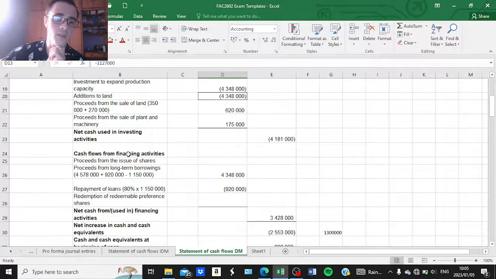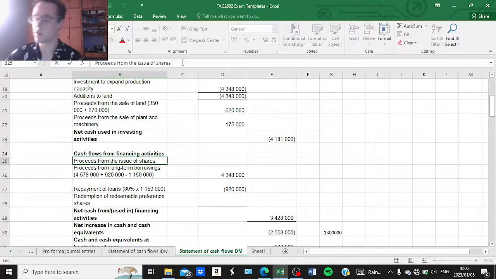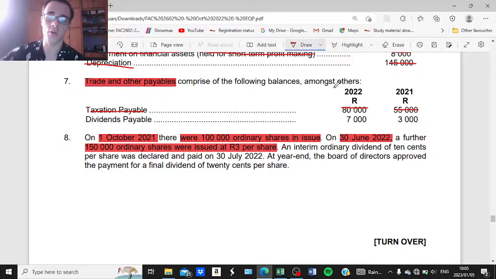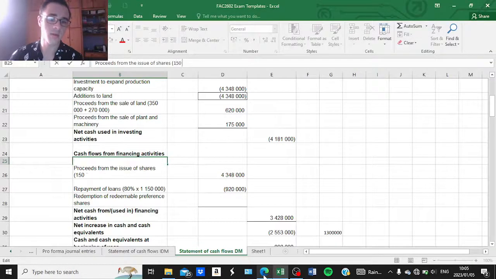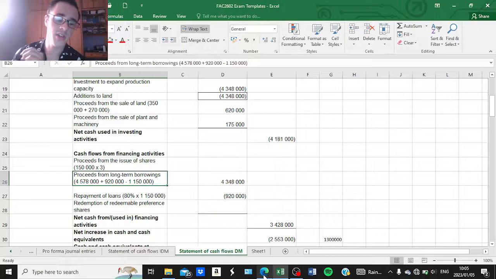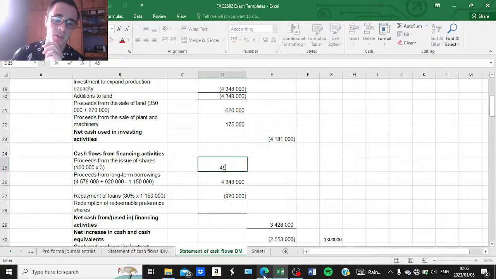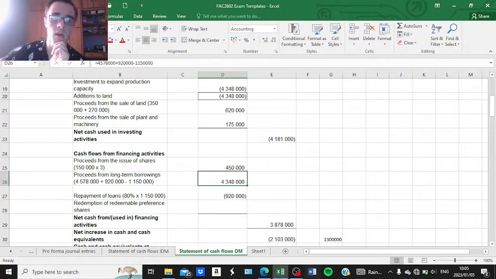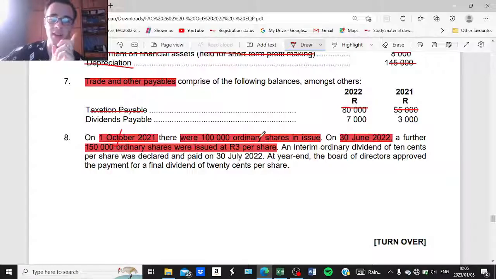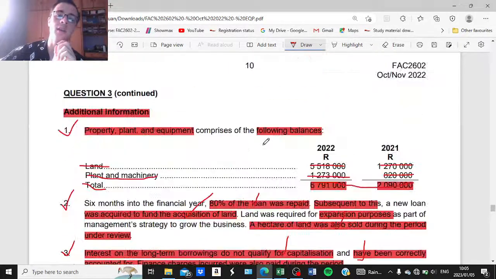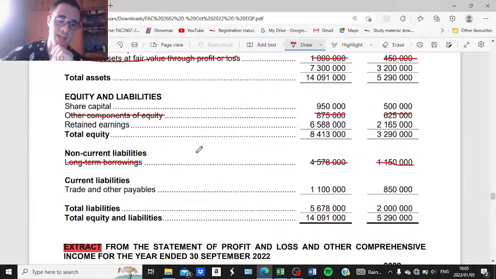Proceeds from the issue of shares will be calculated by taking the number of ordinary shares issued, which is 150,000, and multiplying that by 3 because the shares were issued at 3 Rand each, and you should arrive at 450,000.